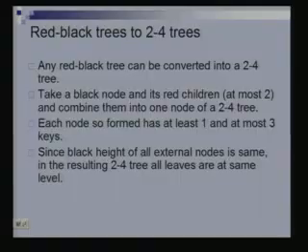Now, let us look at the correspondence between red black trees and 2,4 trees. In particular, given any red black tree, I can convert it into a 2,4 tree. So, what are we going to do? We are going to take a black node. How many red children will it have?